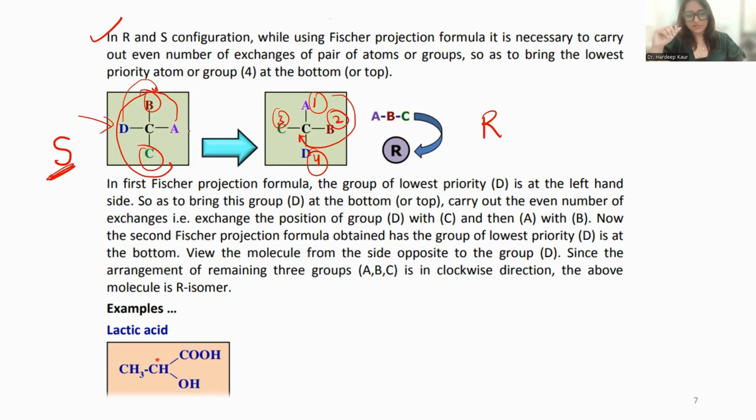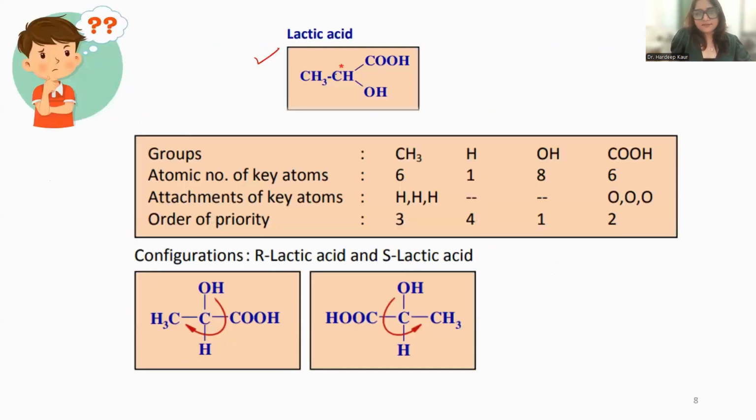and check the clockwise or anti-clockwise direction. I'll take one example, lactic acid. In lactic acid, this is the carbon attached to four different groups. Suppose we have represented our acid like this. Here, who has the lowest priority? Hydrogen. So hydrogen will get the fourth number.